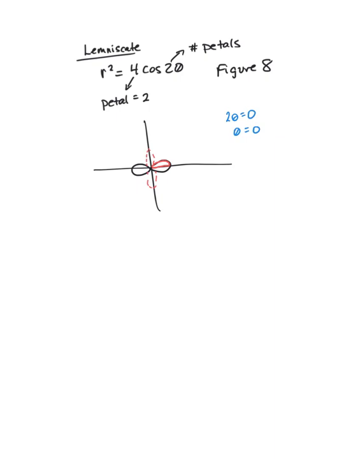Think about what cosine is good for again. So I'm going to have 2 theta equal to pi over 3, which means theta would be pi over 6. And then I'm going to have 2 theta equal to pi over 2, which would be theta equals pi over 4.